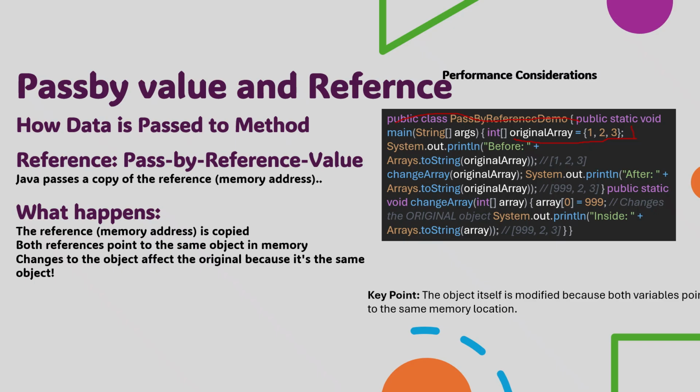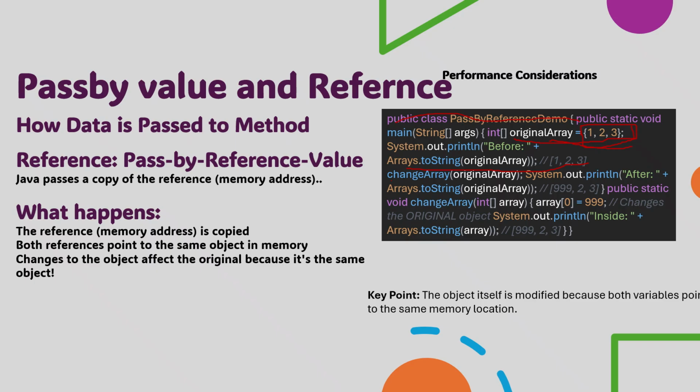This is already declared, so these values 1, 2, 3 are stored in the stack and the memory is pointed in the heap. Now, definitely when we print it out, we are going to get 1, 2, 3.